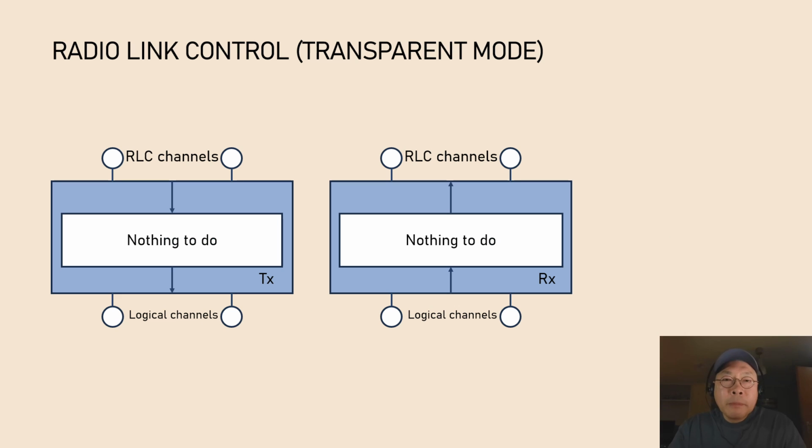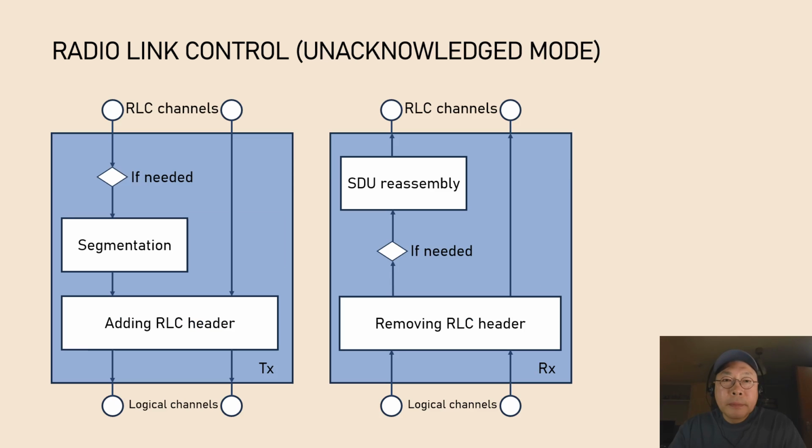In transparent mode, the RLC stack does not perform any processing. In unacknowledged mode, the RLC splits data packets and adds RLC headers before transmitting them over the logical channel.